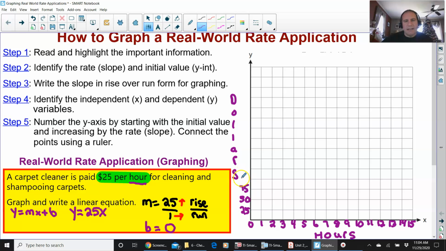And you see exactly what I'm talking about. I'm using my slope to increase, to rise by the amount on the y-axis. See, these numbers, I'm not just pulling these numbers from thin air. I am going up by 25 each and every line, every unit.